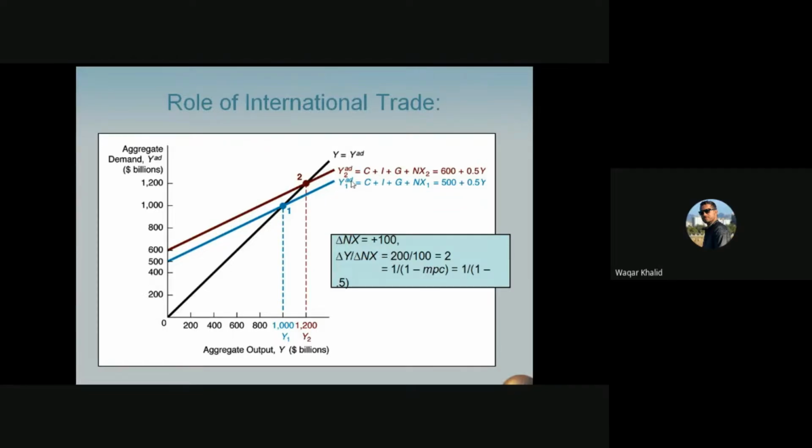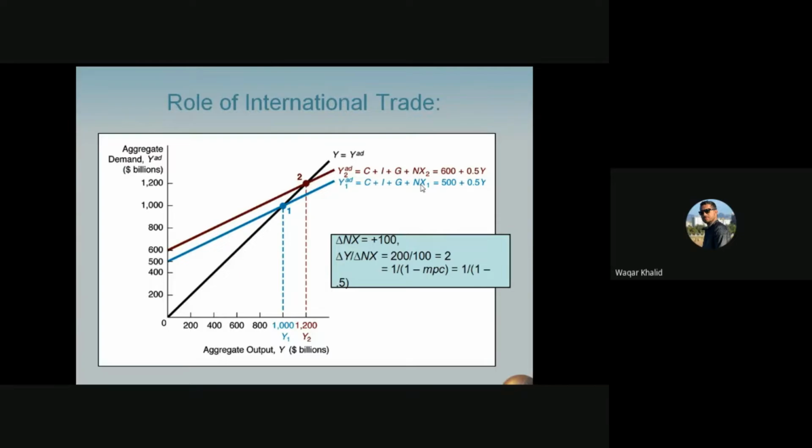We can say that Y1AD is equal to C plus I plus G plus NX1. NX1 is the initial value where NX1 is equal to 0. It means that we didn't include the role of net exports or the role of international trade.